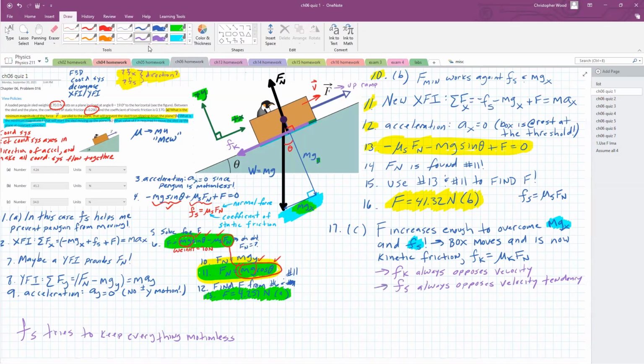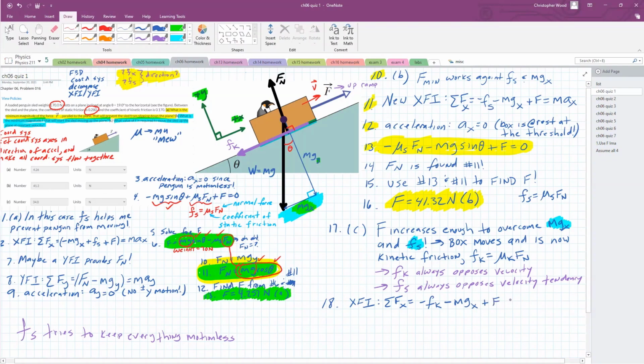Let's do another X force inventory, number 18. Here's my new X force inventory. The Y force inventory is completely unchanged. I just have the sum of all the X forces. And this is where, again, the free body diagram is critical. I've got minus F sub K in the negative X direction, minus mgx, which is also in the negative direction, and that's it for the negative X direction.